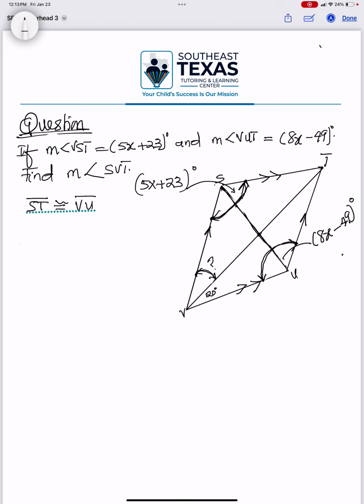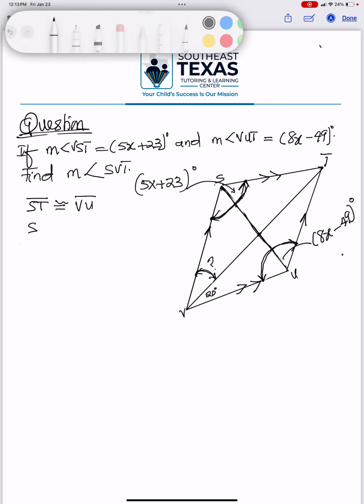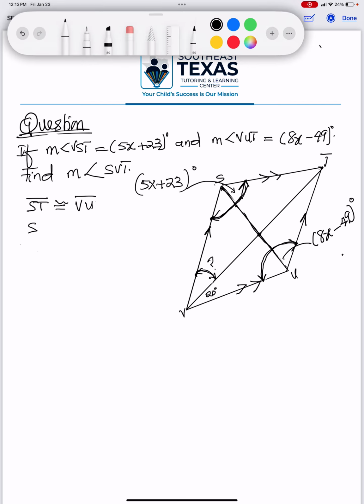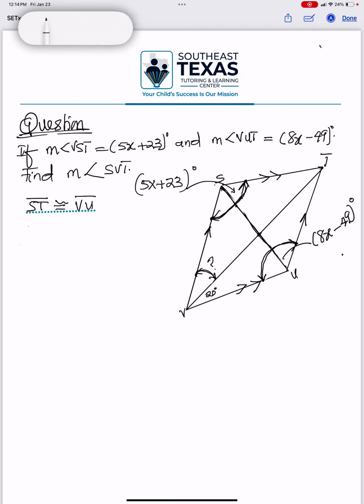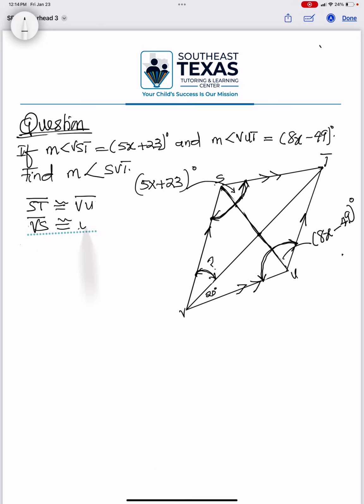The length of VS is congruent to the length of what? UT. Now let's do the angles.